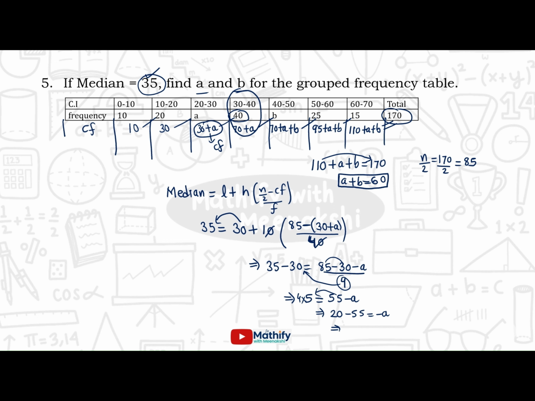Now we are left with minus 35 is equal to minus A. You can cut the minus and minus sign. That means your A is 35. Once you know your A, you can find your B, as the sum of A and B is 60. That means your B is 25. 60 minus 35, that means 25. So this is your final answer.